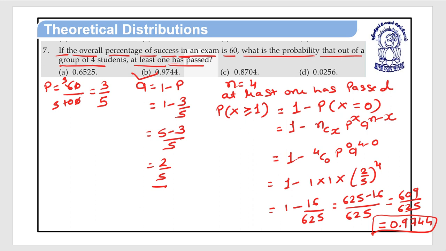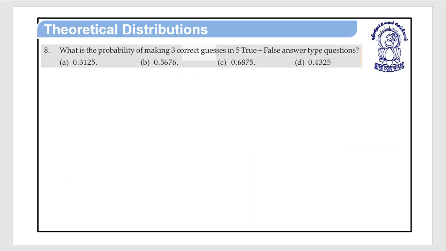Now move to the next question, question number 8. What is the probability of making 3 correct guesses in 5 true-false answer type questions? X is equal to 3.